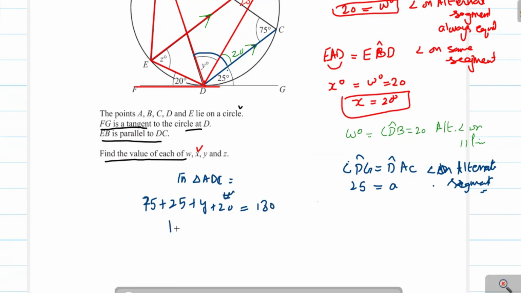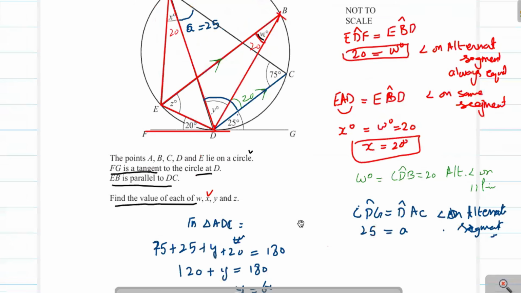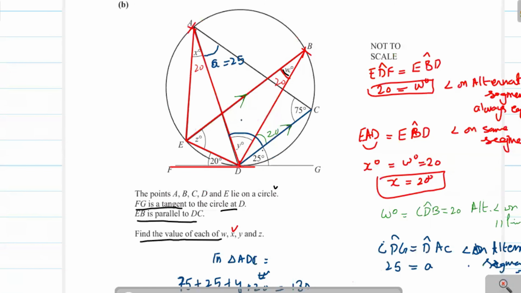We write 75 plus 25 plus Y plus 20 equals 180, so 120 plus Y equals 180, and Y will be equal to 60. This angle is 60 degrees.